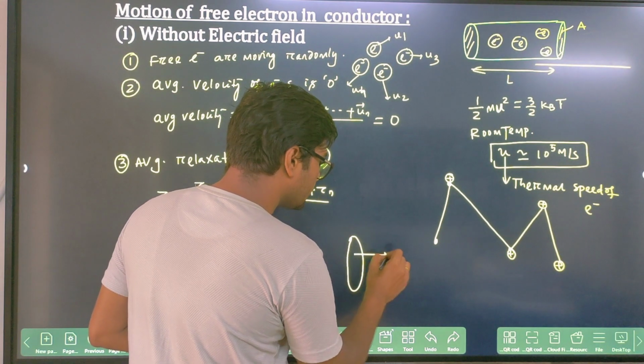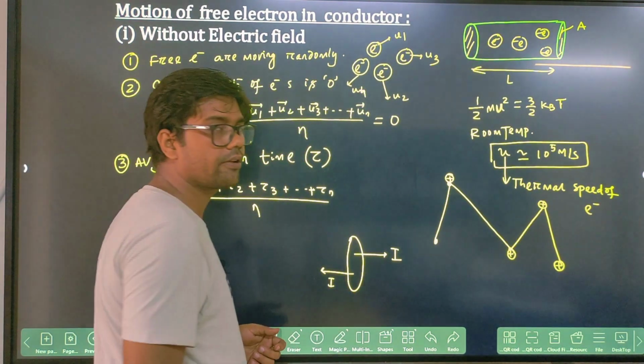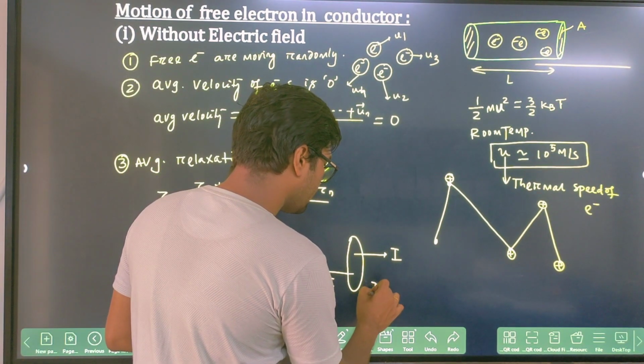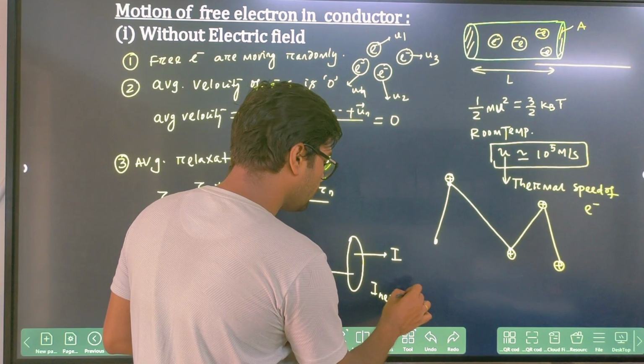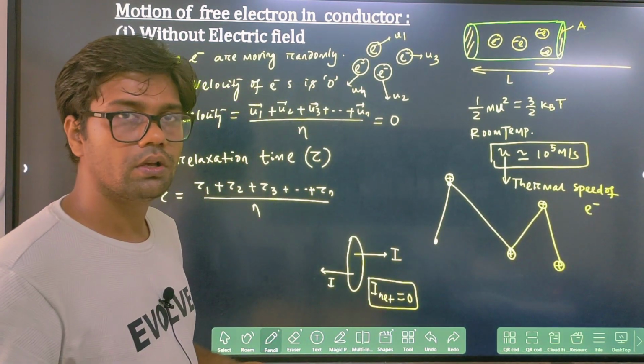So along this direction the current will be I, and along the other direction the current will be I. Clear? So the net current will be 0, right?